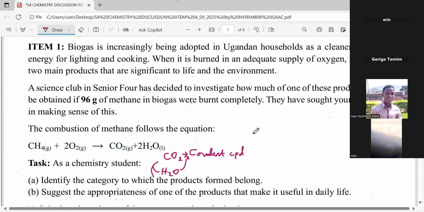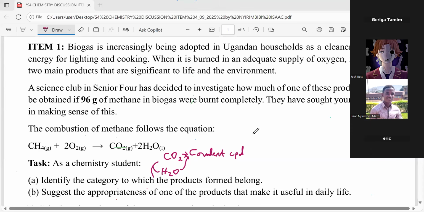Jeriga Tamim, unmute. Yes. According to me, the product is carbon dioxide, which is an acidic gas.